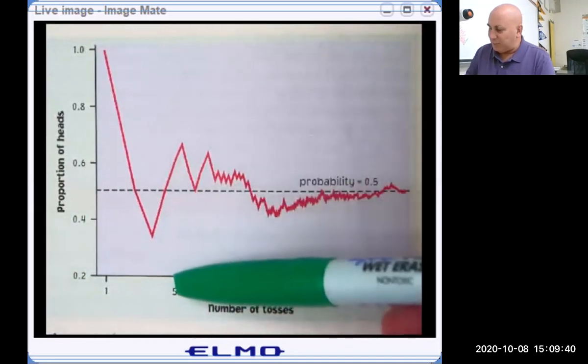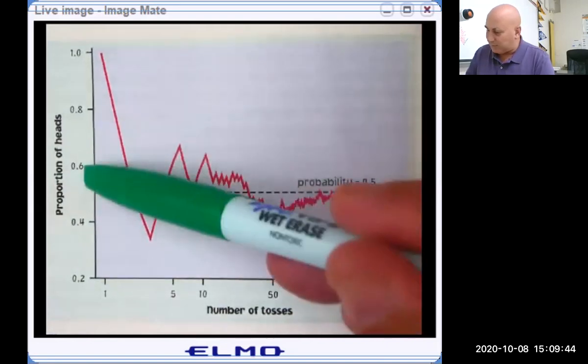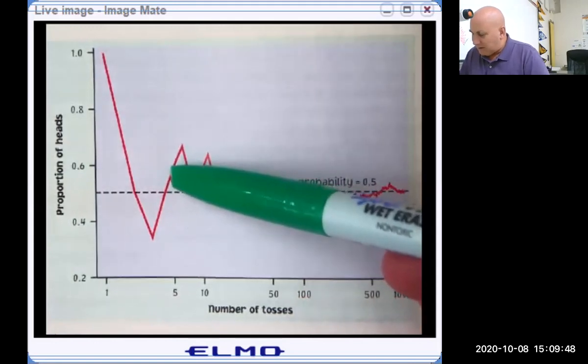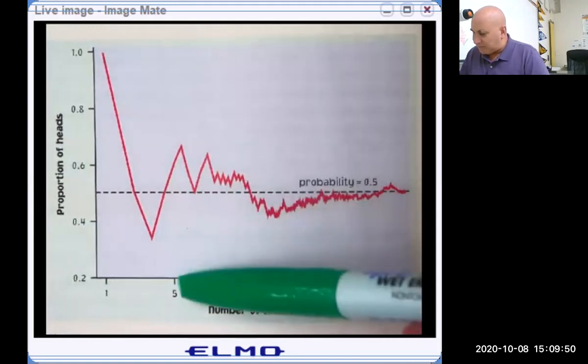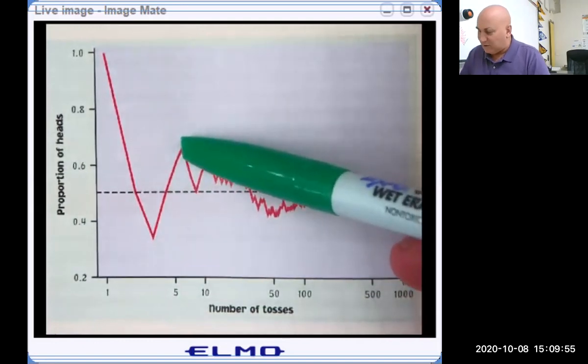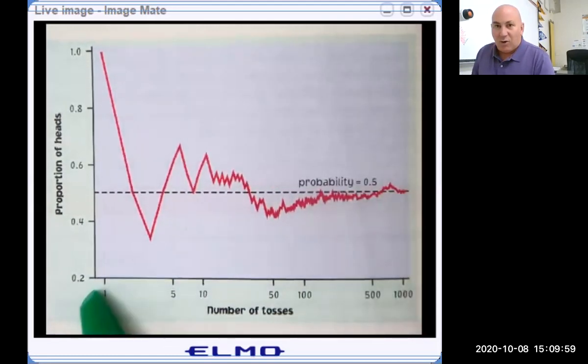Then on the fifth flip, we must have got heads, because now we're at 3 out of 5, or 60%, which would be right here. And then on the sixth flip, we got heads again, because now we're at 4 out of 6, or 66%. Anyway, this was done a whole bunch of times.